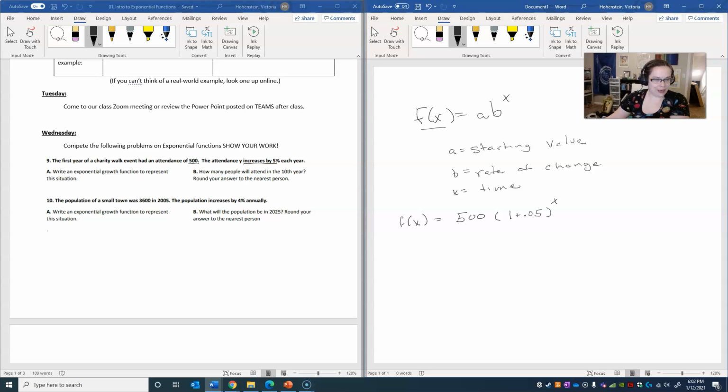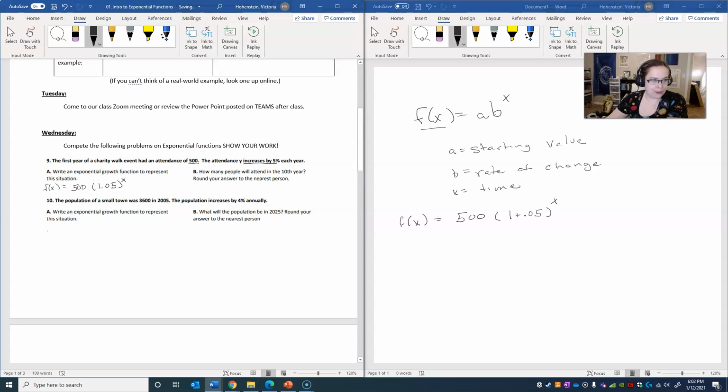So to simplify, my final equation is going to be f of x equals 500 times 1.05 to the x. If you prefer to use t for time, you're welcome to replace the x variable with the t.